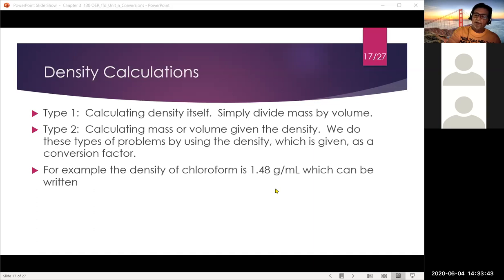Now, if I had 2 milliliters of chloroform, how much do you think that would weigh? Who could answer that? I've got 2 milliliters of chloroform. How much would it weigh? Go ahead, type it in or unmute yourself if you like, and you can tell me.